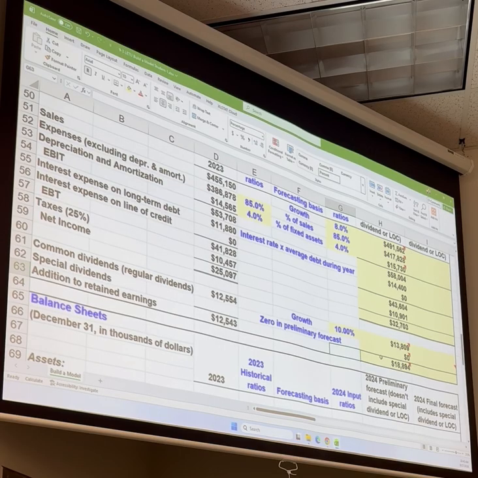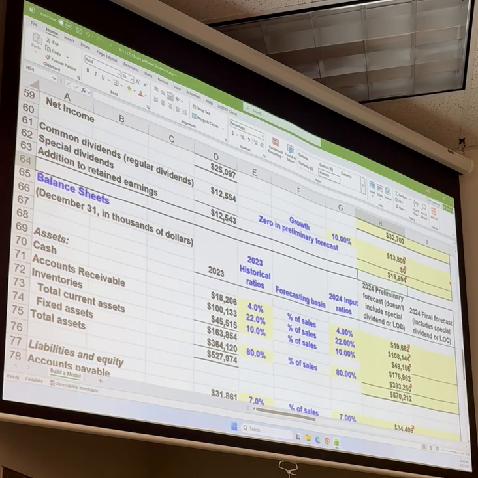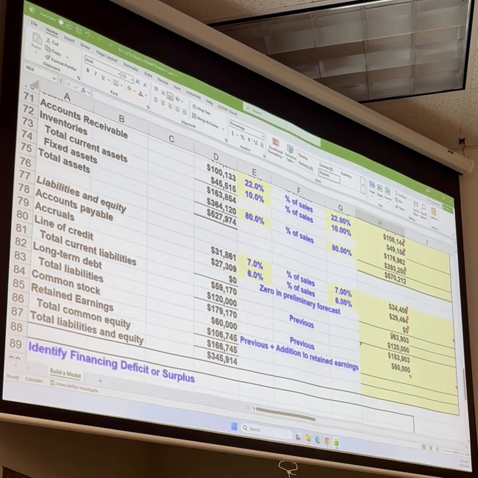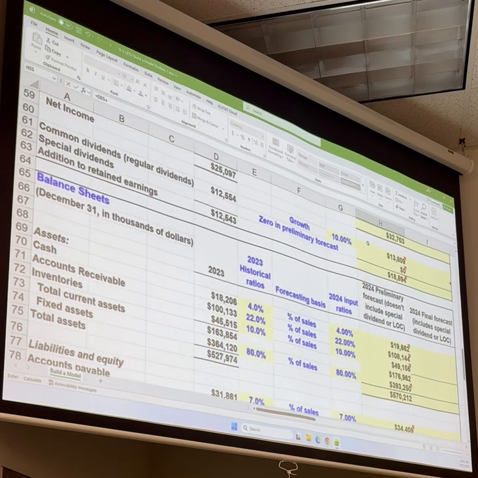All right, so we're seeing an addition to retained earnings that we're predicting of 18,894. Then we come back down here, where we've got all these items in the preliminary forecast. We now have the addition to retained earnings, so we can put the old retained earnings plus the addition to retained earnings that we predicted here.